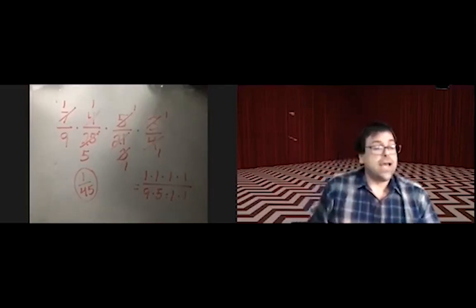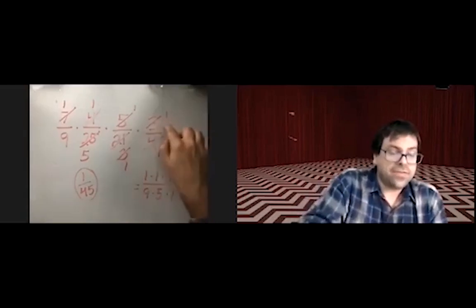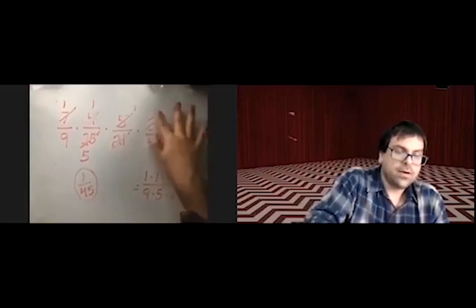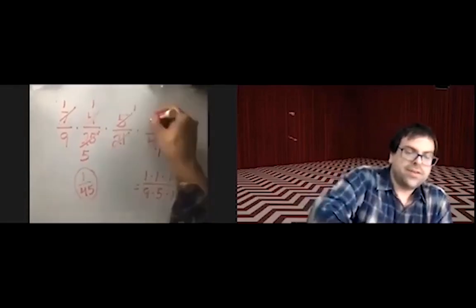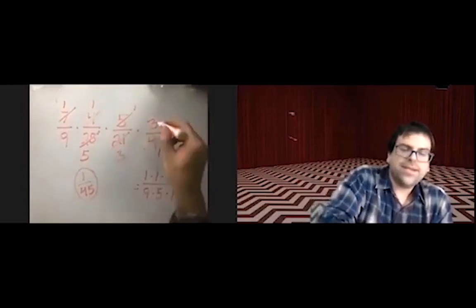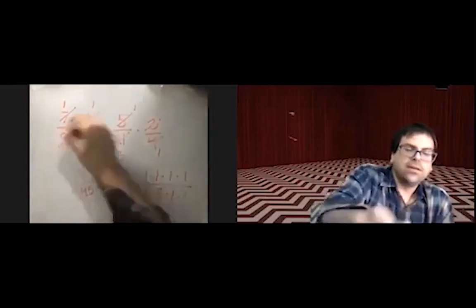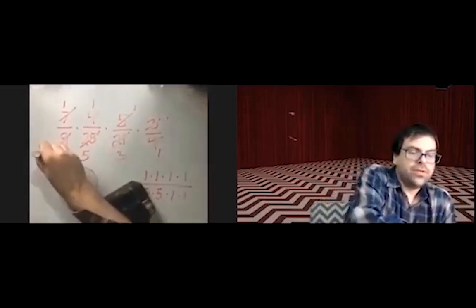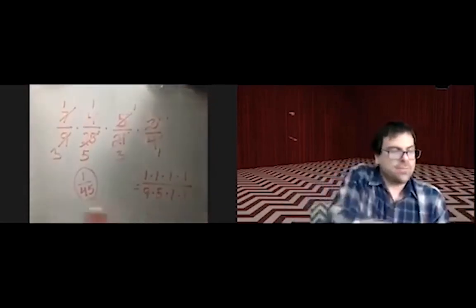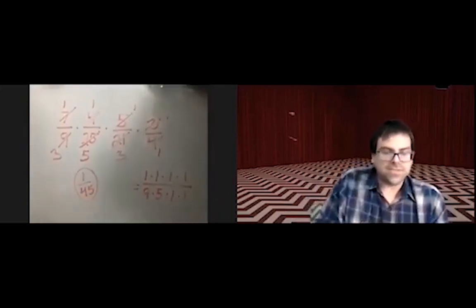I also want to point out, what if instead of that 3 with the new 3, what if instead, before we even got there, we did this 3 with this 9? 3/9 is 1/3. Well, we still get all ones on the top, and now on the bottom, 3 times 5 times 3, 3 times 3 gives us that 9.